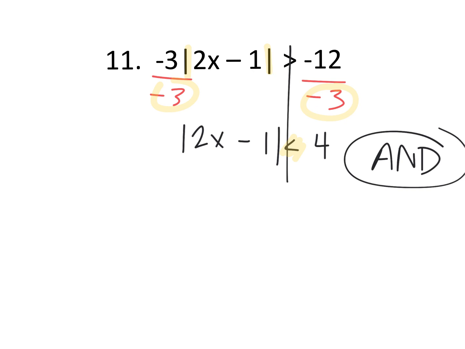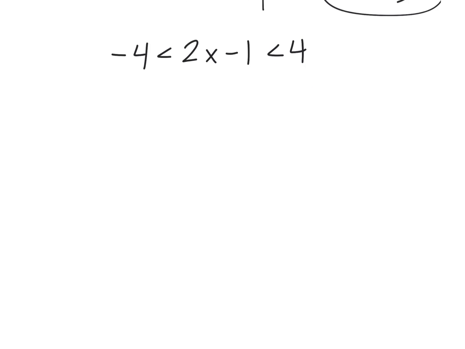Which means that it's going to be this compound inequality that's stuck together. We want things that have an absolute value less than 4, so that would be things in between -4 and +4. It should look like this. Okay, let's solve that.